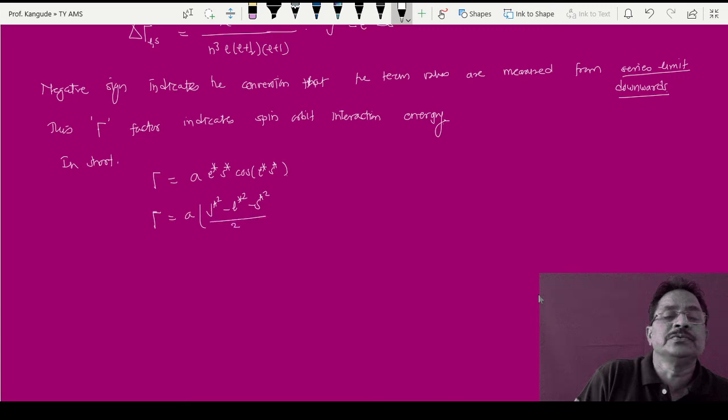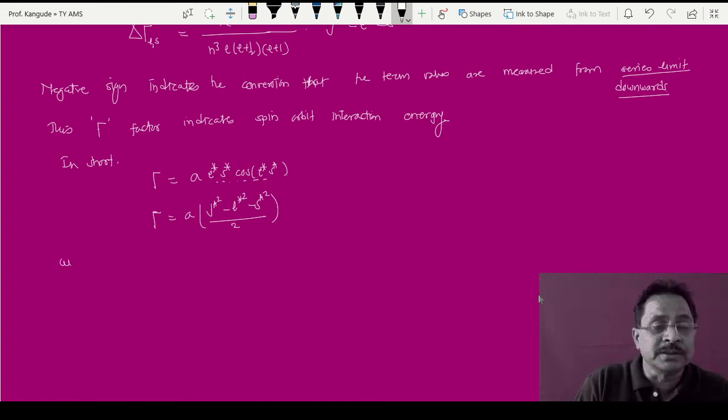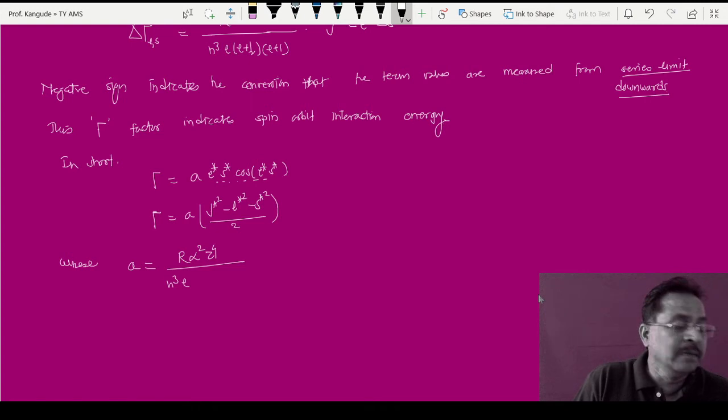This factor can be expressed by J star square minus L star square minus S star square, where this entire quantity A is a constant given by capital R into alpha raised to 2 Z raised to 4 divided by n cube multiplied by L into (L plus half) into (L plus 1), multiplied by centimeter raised to minus 1, because this is going to be a number.